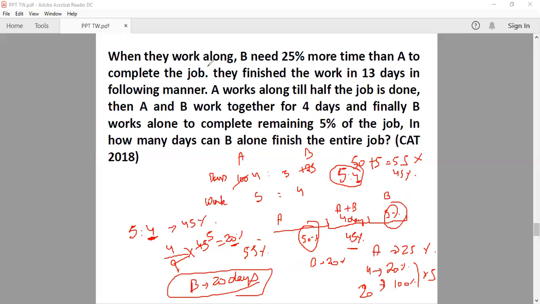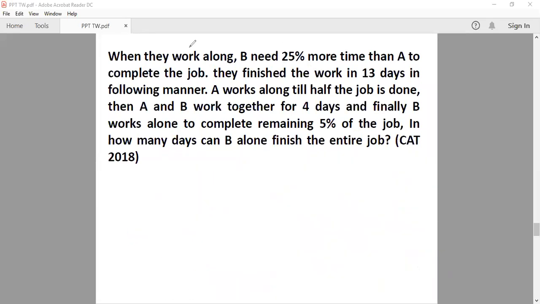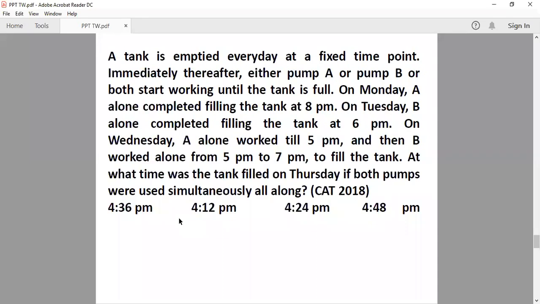Okay, let us proceed now. Now try this. This is another CAT 2018 question. It is a good one. Try this.